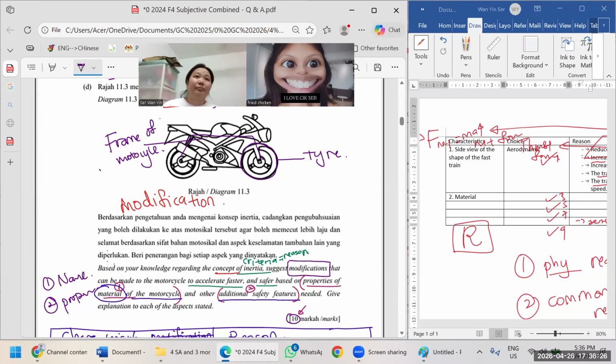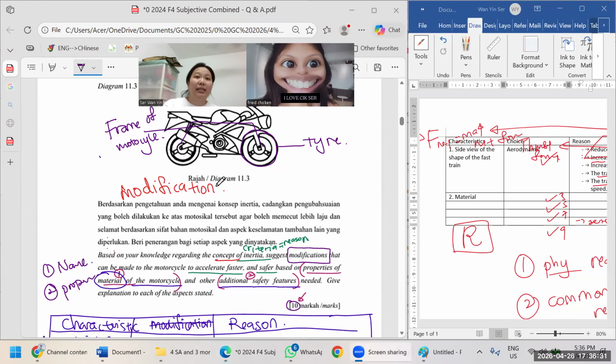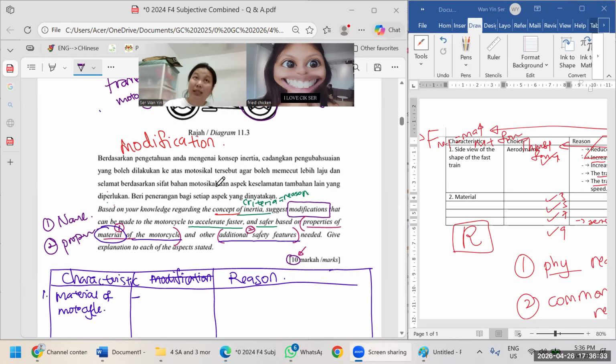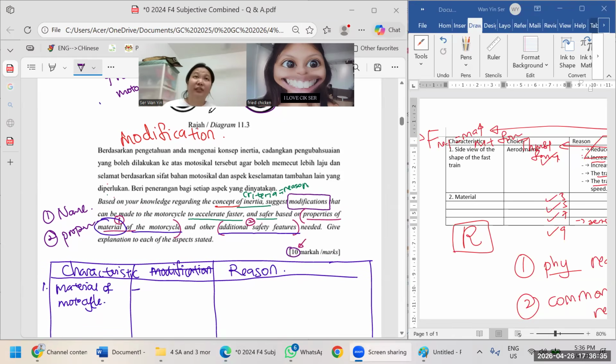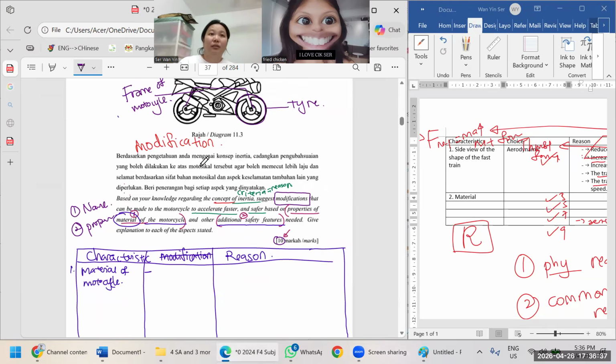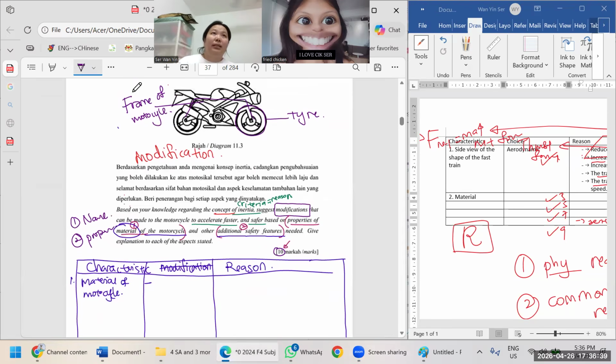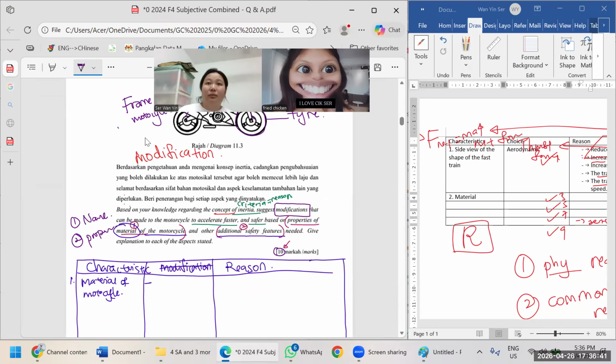Stainless steel. So for example, stainless steel frame.